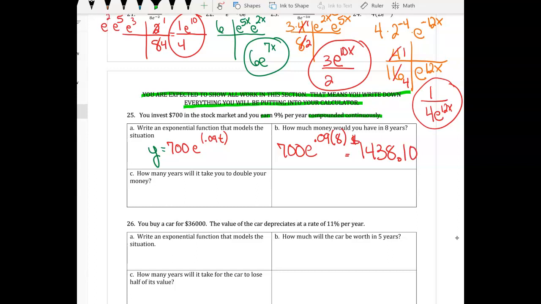How long will it take you to double your money? So if I start with 700, doubling it becomes 1,400. This can go into a Y, and this can go into a Y. As far as your window range, for X, I said 0 to 30 is a pretty good guess to use.